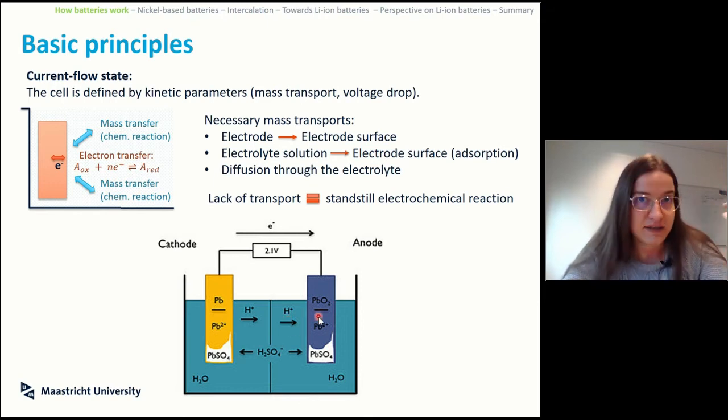This thing in itself is reversible, it can be reversed, but remember that by reversing it, you basically want to also get rid of this lead sulfate that inevitably gets formed at the surface of your anode.